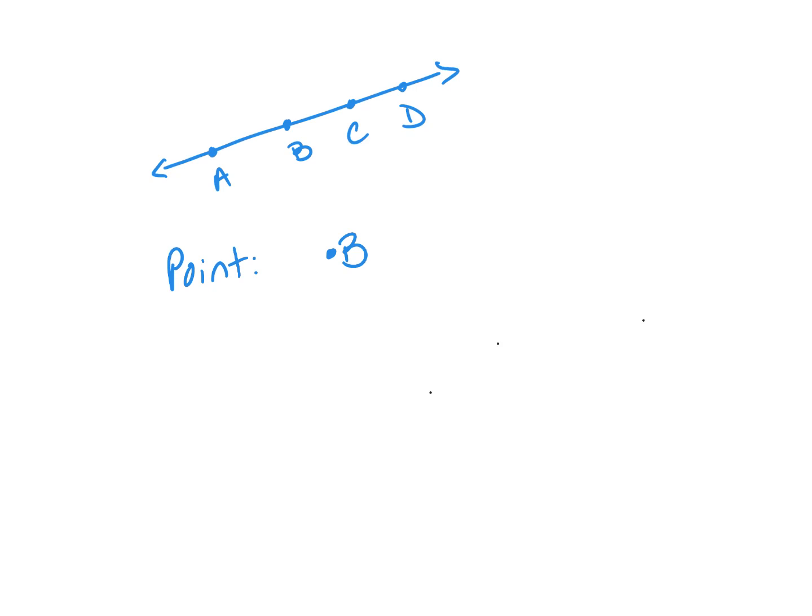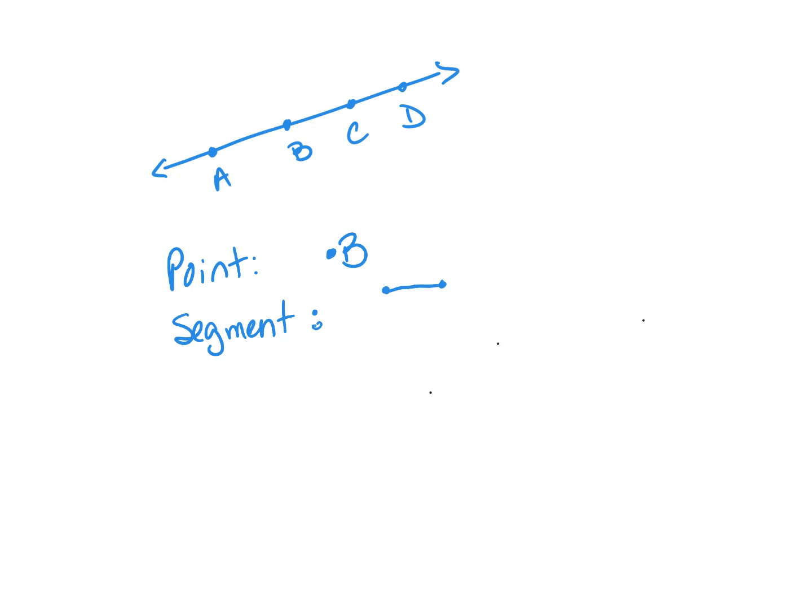Okay? If I'm going to name a segment, it has a beginning and an end. There's no arrow involved in a segment. And the symbol for a segment is just a straight line over, and you can put two little dots here if you're one of those meticulous guys.